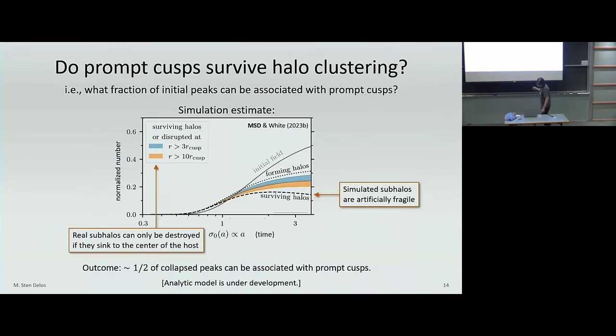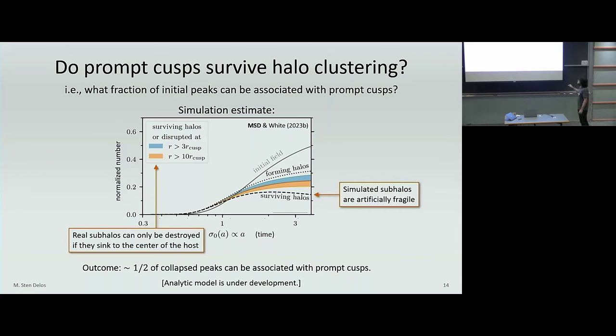Okay, so prompt cusps survive halo growth, but do they survive halo clustering? Another way to put this is, I said that I can associate each initial peak with a prompt cusp, but how valid is it really to say that every peak can be associated with a cusp? Here's an estimate from a simulation.